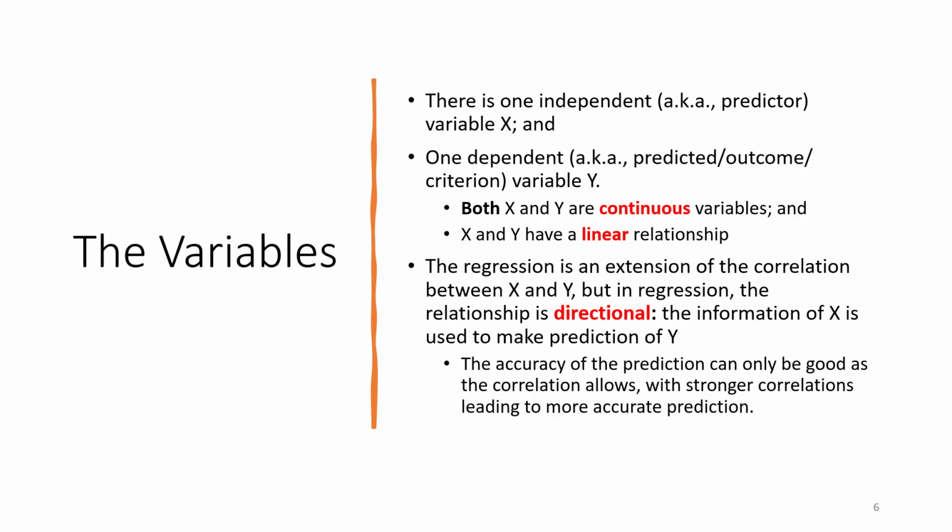If you recall, the correlation between x and y is the same as between y and x. However, in regression, the relationship is directional. The information of x is used to make predictions of y.